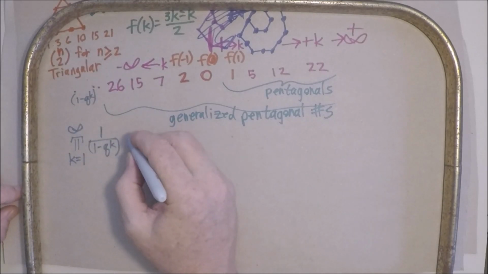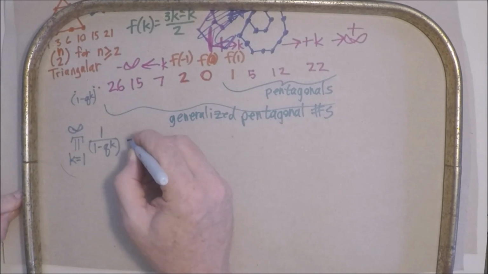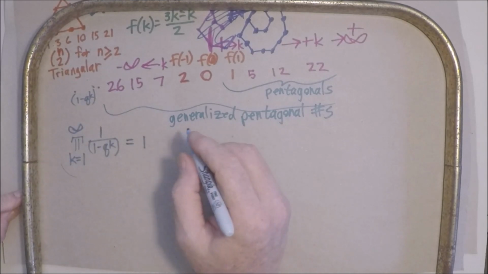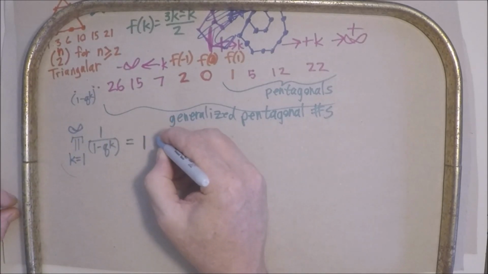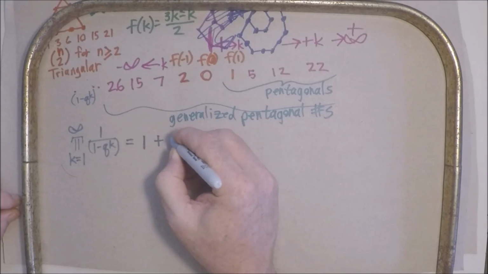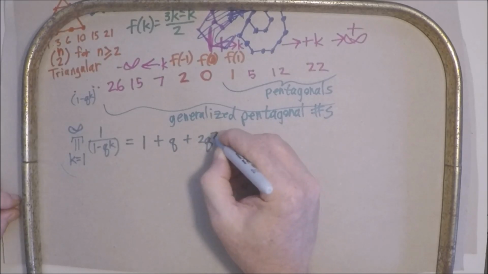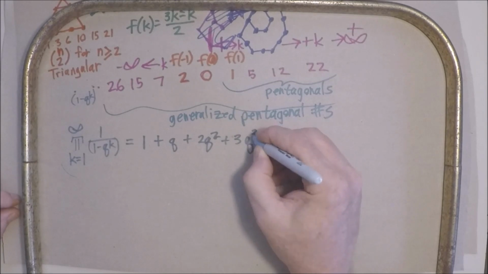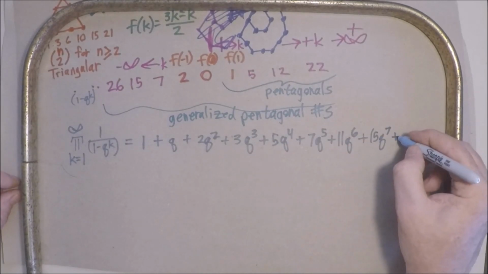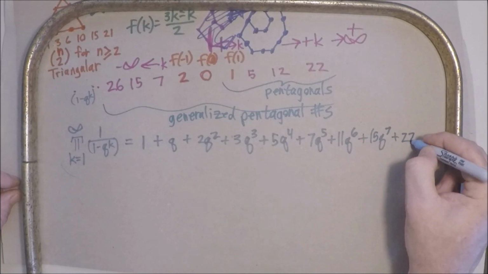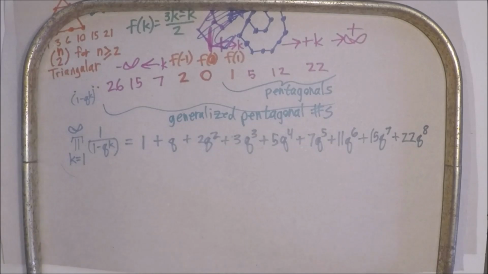And what he observed is that this statement gives a q series that looks like this: 1 plus q plus 2q squared plus 3q cubed plus 5q to the 4th, and so on, plus 22q to the 8th.